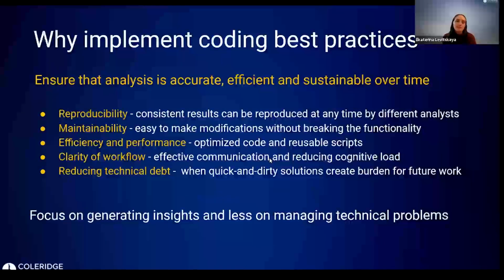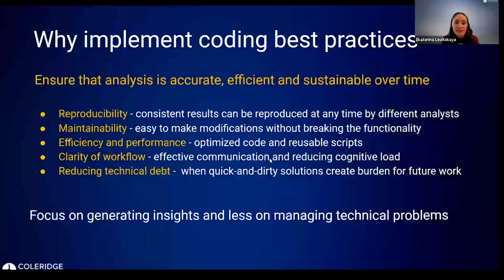So the objective and why we think it's important to implement coding practices is to ultimately help ensure that our analysis is accurate, efficient, and most importantly, it's sustainable over time. And implementing coding best practices helps us achieve the following key benefits. First of all, reproducibility.